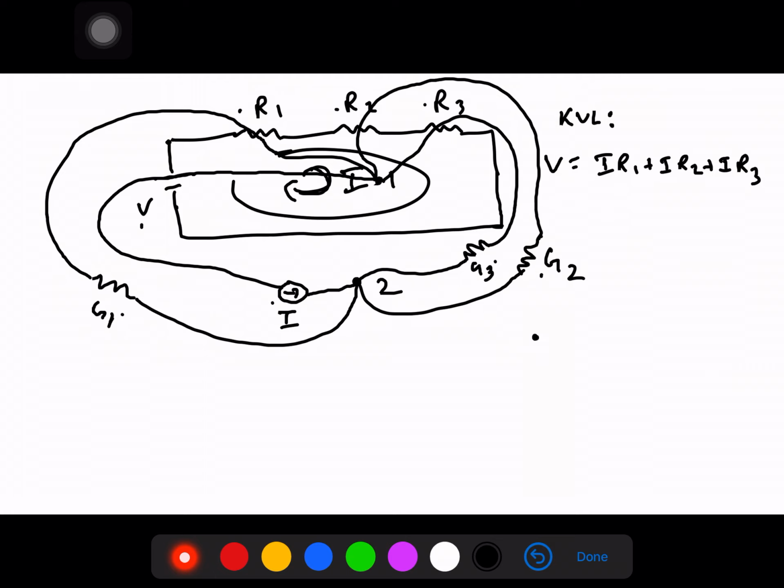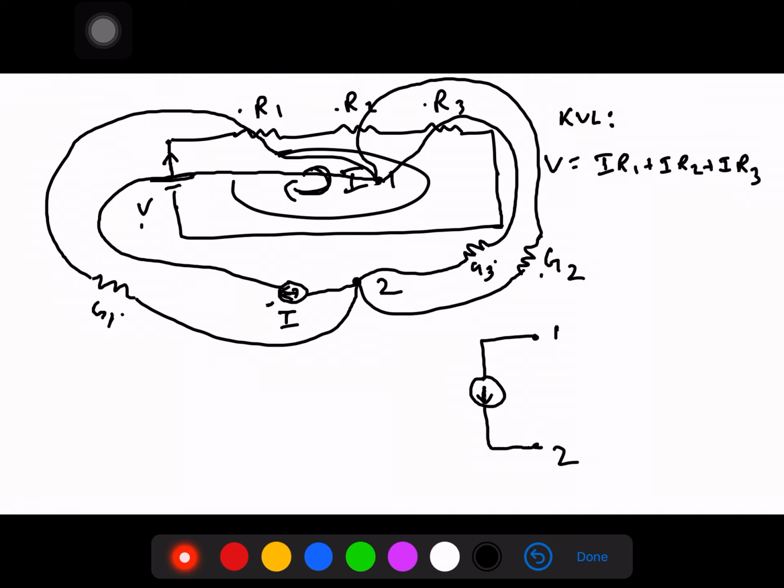So you have 2 points, 1 and 2. Firstly we have a current source between 1 and 2. So I'm going to simply draw something like this. My apologies, since the direction of V is like this, your current source should also be of the same direction.